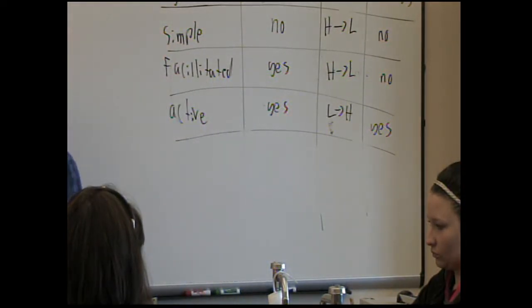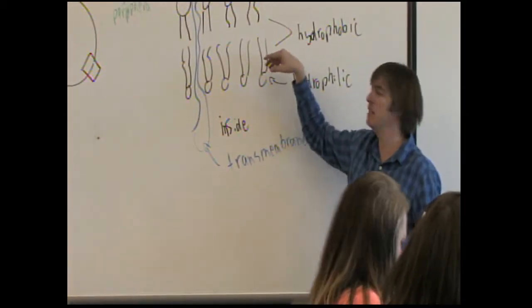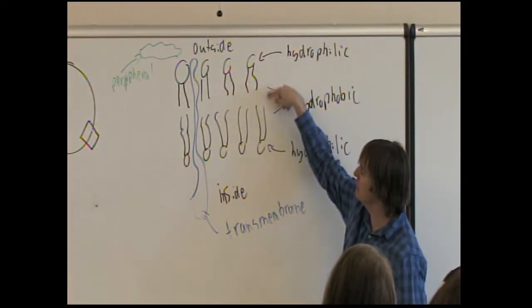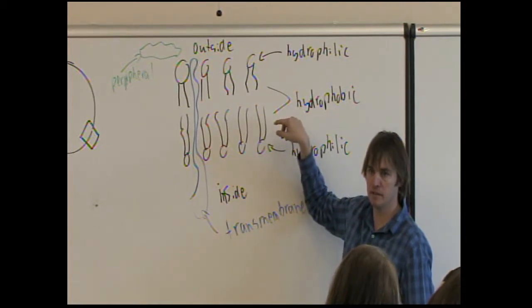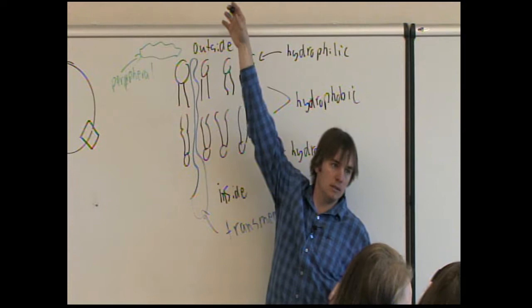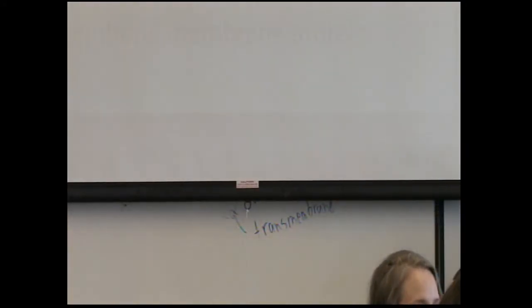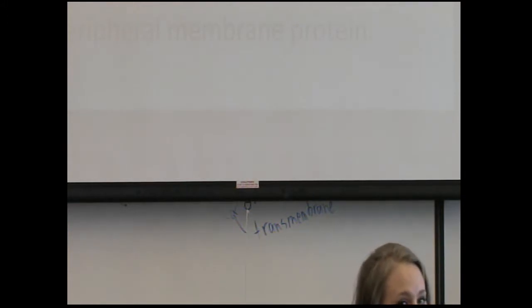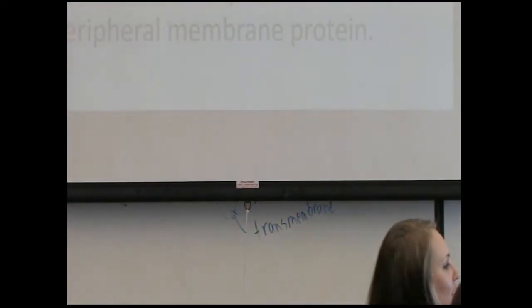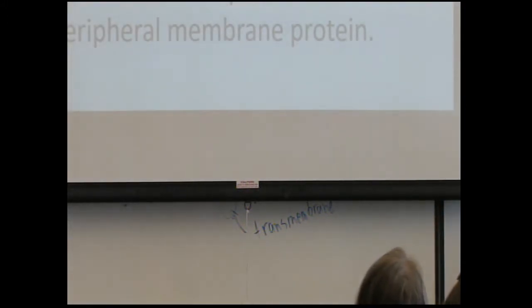So one thing that'll be important in a little bit: in order for something to get through here without help, it has to go past these heads and these tails. Just remember that for a moment. And if you notice, that was one of your study guide items. And yes, I might ask you to draw that on a test.